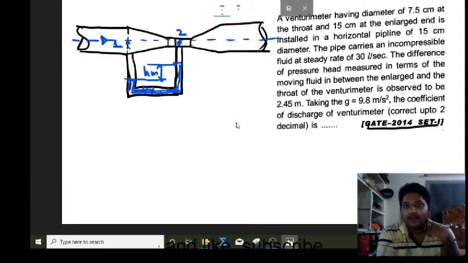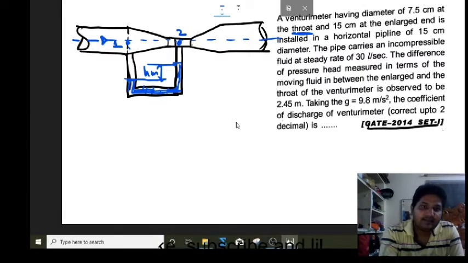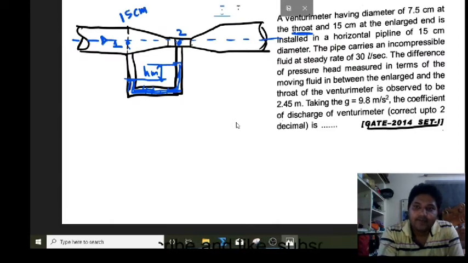Now it says the venturimeter has a diameter of 7.5 centimeter at the throat and 15 centimeter at the enlargement. At section 1 the diameter is 15 centimeter and at the throat it is 7.5 centimeter, and this is a horizontal pipeline. The pipe carries an incompressible fluid at a steady rate.